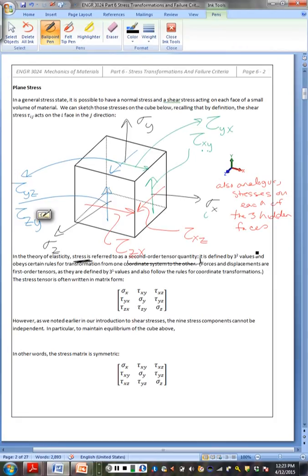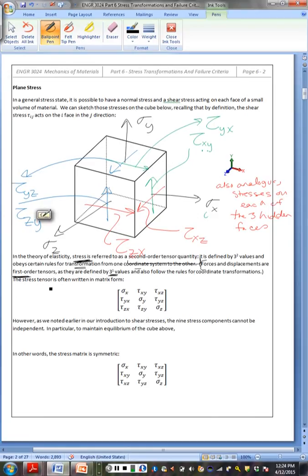We have 3 squared values, and you can use transformation matrices to go from one coordinate system to another, which is what we're going to work through the detail of. As a side note, forces and displacement are what you call a first order tensor, 3 to the 1 values, but you can do these coordinate transformations on them as well.